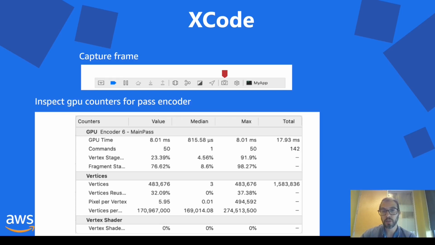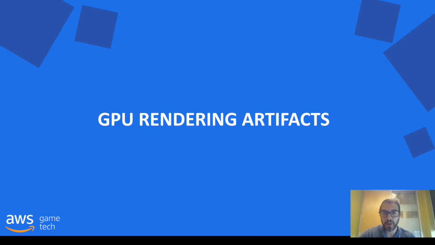So you should be able to do GPU capture by pressing the camera button, inspect all the passes in the GPU capture, take a look at GPU counters and get insights into which passes are taking a long time and where the bottleneck is. In future, I will probably provide a demo to show how we can use XCode for GPU profiling investigation. Next, we will take a look at GPU rendering artifacts.